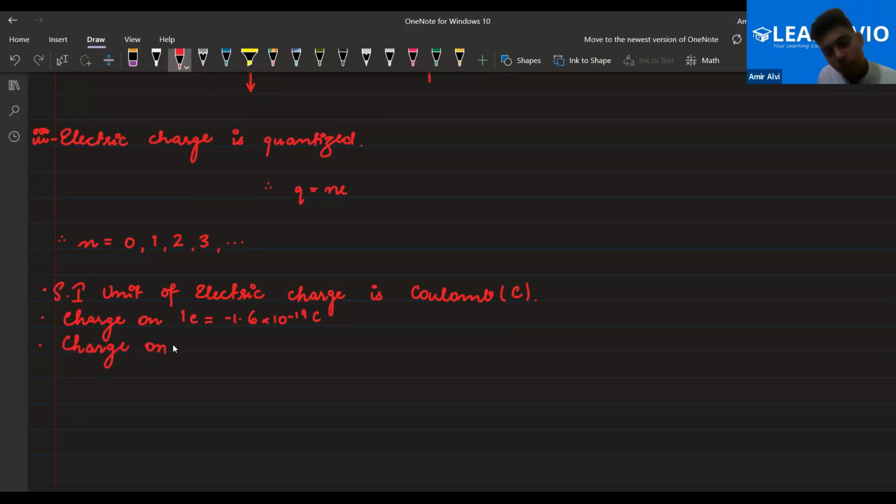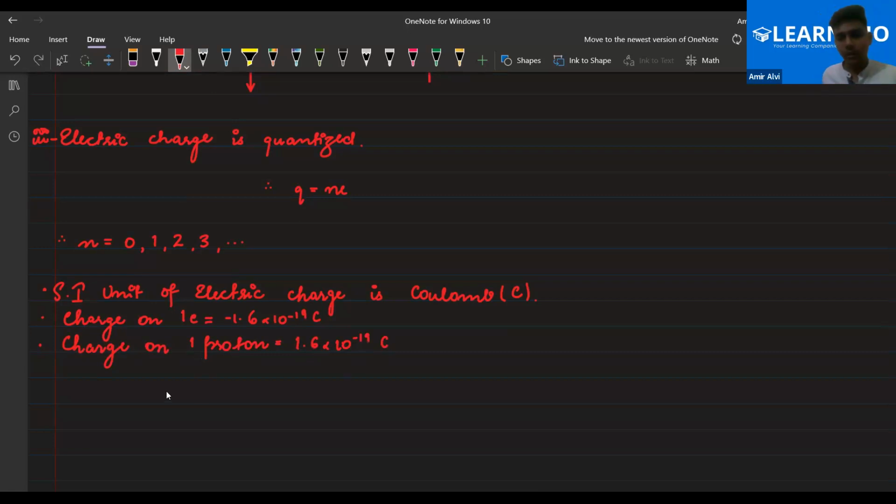The charge on one proton is equal to 1.6 into 10 to the power minus 19 coulomb. Is this clear to all of you?